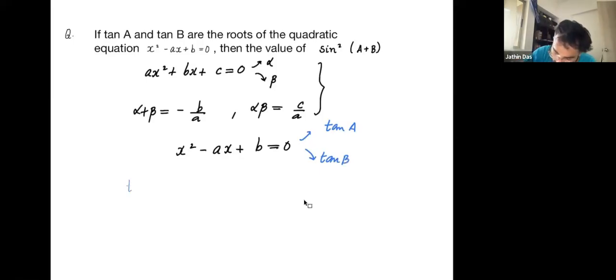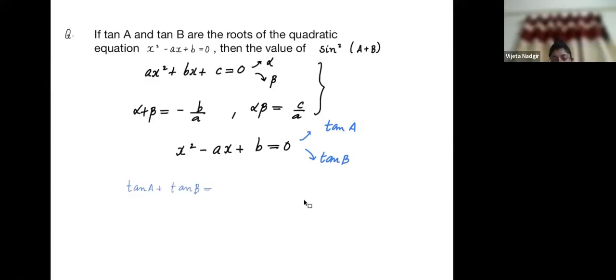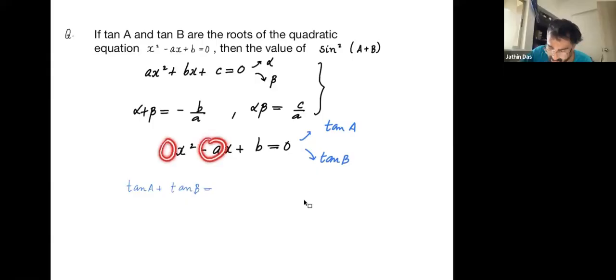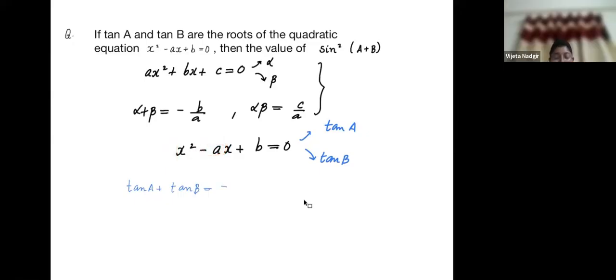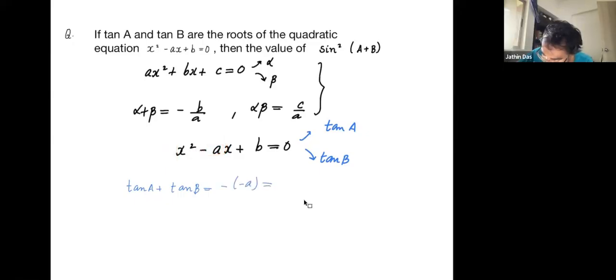So you tell me what is tan a plus tan b, because there are two roots. Minus of the middle coefficient by the first coefficient, so minus of minus a, which is a. Then what is tan a into tan b?